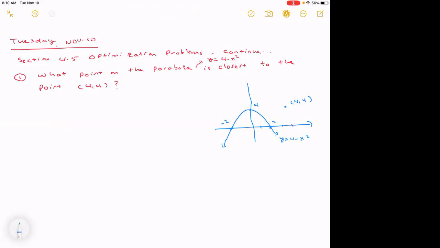Now we have to find the point on the parabola that is closest to the point 4,4. Do you see that? Do you understand the problem? So that point might be somewhere here.